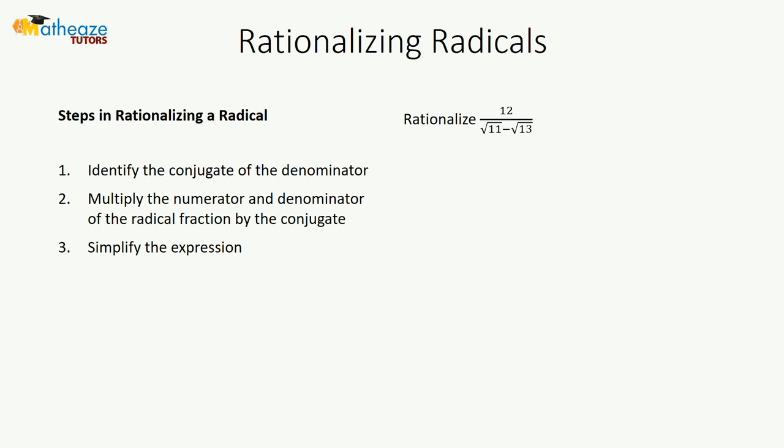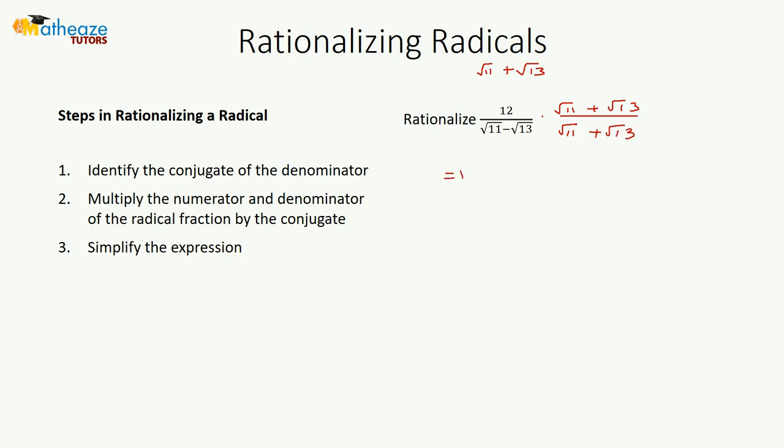Final example, we're going to look at the conjugate first. The conjugate here is, we're going to write square root of 11, we're going to write square root of 13, and we're going to use the opposite sign. So now we're going to multiply numerator and denominator by the conjugate. So square root of 11 plus square root of 13 over square root of 11 plus square root of 13.